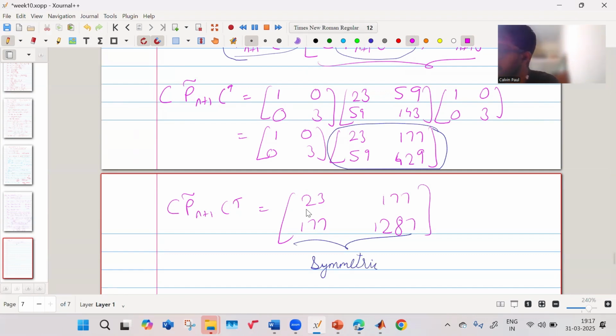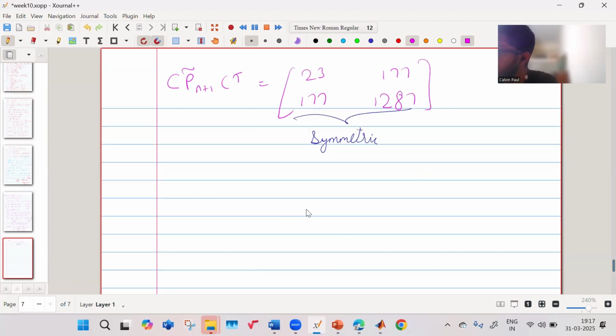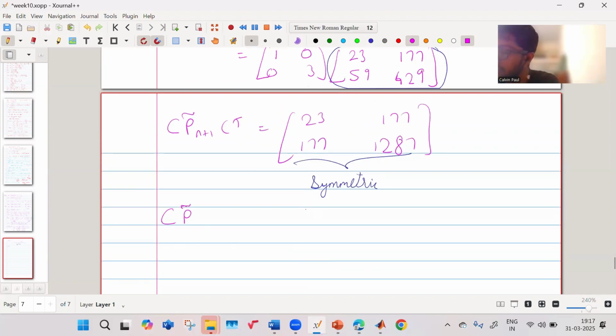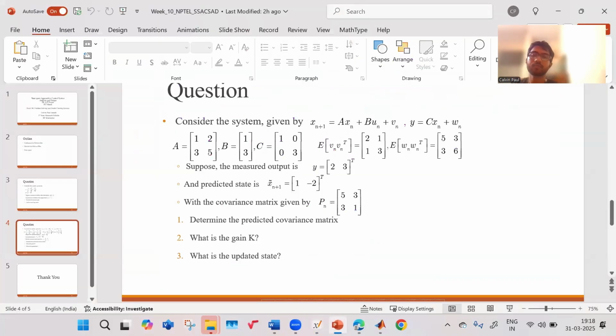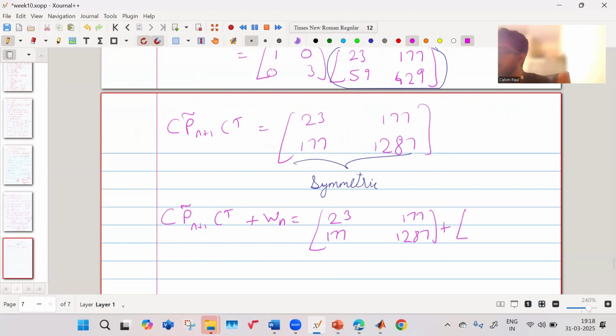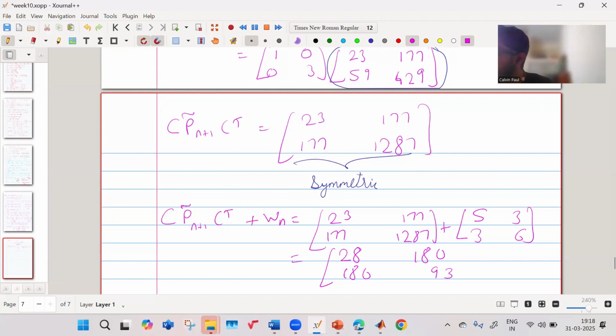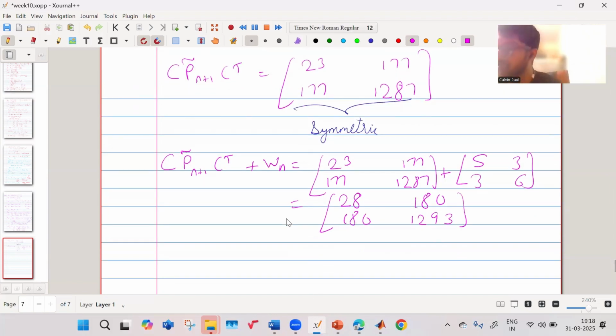Now, what we have to do? We have to do C P tilde n plus 1 C transpose plus Wn. That is [23 177; 177 1287] plus Wn, which is [5 3; 3 6]. This becomes [28 180; 180 1293]. Now we have to find the inverse of this.